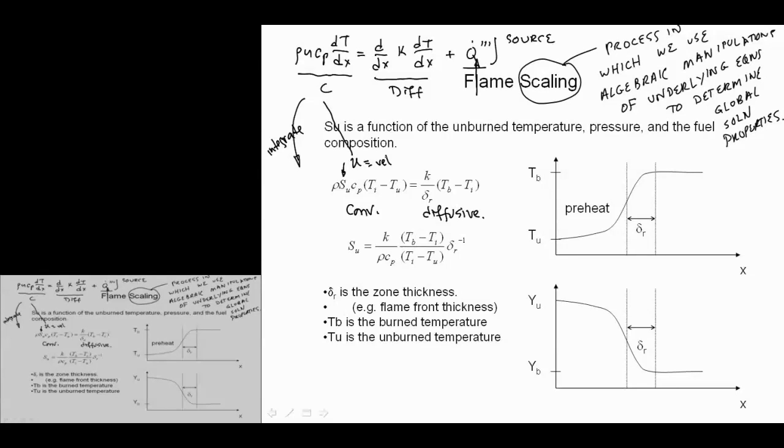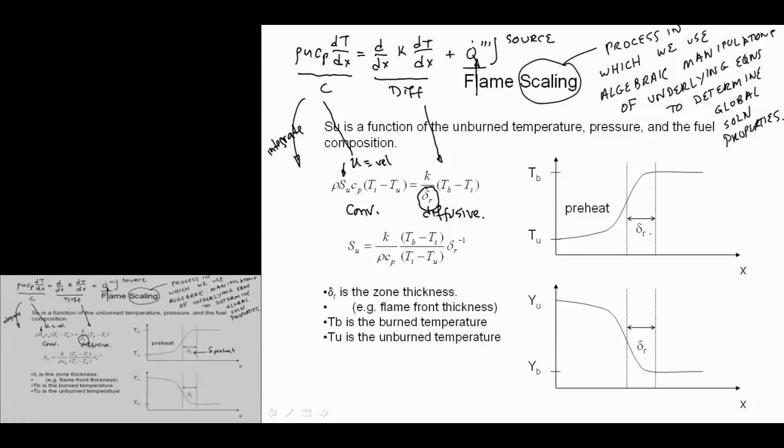When we integrate the diffusion term, the length scale over which we're going to do this is going to be delta. This is the flame front thickness, and it's really the preheat thickness. I'm going to change it here.